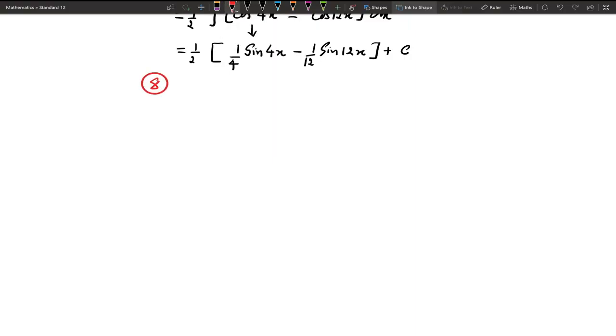integrate this function: square root of 1 minus cos x upon 1 plus cos x. We denote this integral by I. Integration of 1 minus cos x upon 1 plus cos x dx.